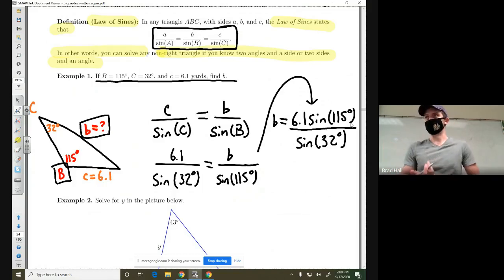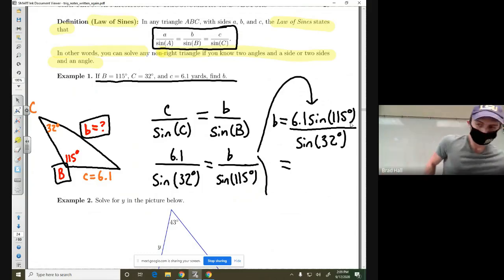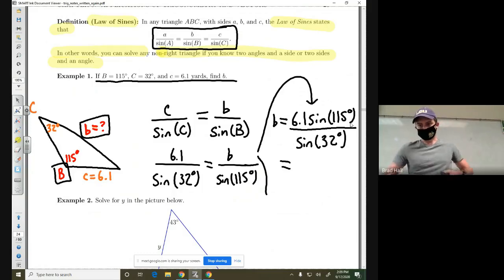It might be one or two, depending on if you cross multiply or if you just multiply by sine of 115 degrees. But in any case, you get a bunch of calculator work here. So lowercase b, we legitimately just throw all of this in the calculator.